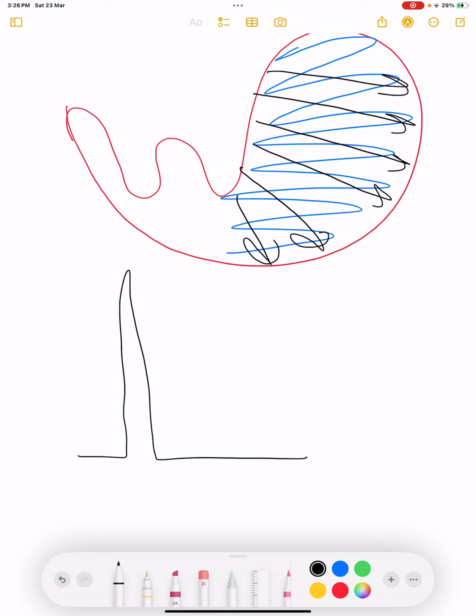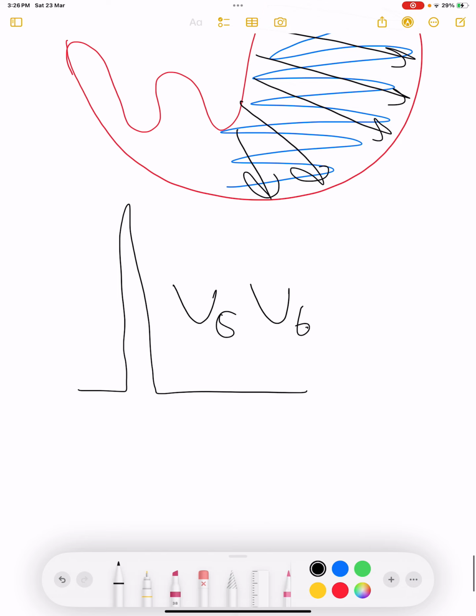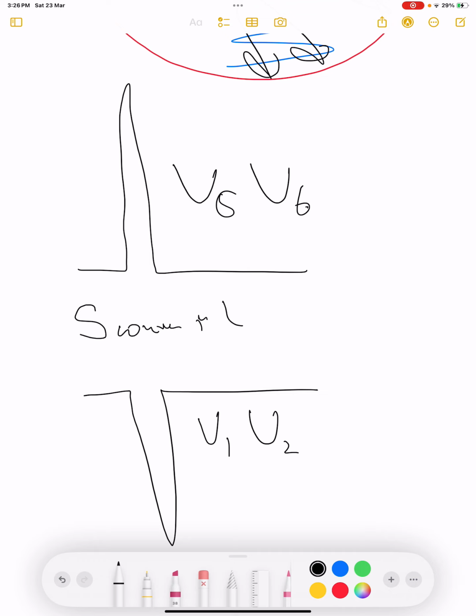The leads in which there is a positive QRS complex will be more on the positive side, like V5, V6, and the leads in which there is a negative QRS complex will be more on the negative side, a deep S wave, for example V1 and V2. And we have something called the voltage criteria of LVH, in which we add the S wave in V1 plus the R wave in V6.